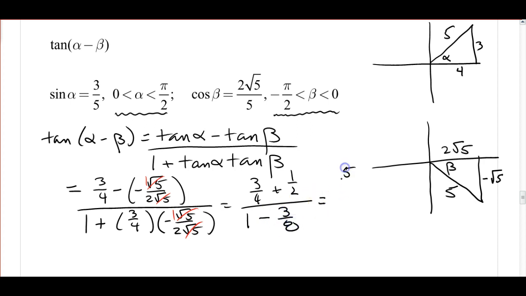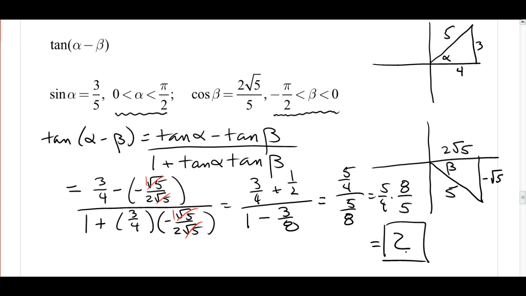So this is 5/4, this is 5/8, and when we multiply by the reciprocal, so I've got 5/4 times 8/5, and we end up with 2. So a lot of work, gets a little messy, ends up just being 2, so that's kind of a nice answer.